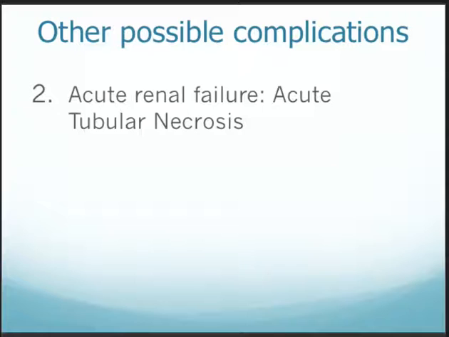Other complications, first is the acute renal failure, acute tubular necrosis. That's seen quite commonly if the woman has lost more than 2 or 2.5 liters of blood, but usually is self-limiting. After a stage of oliguria or anuria, the patient will have polyuria, and the kidneys usually recover without having to revert to dialysis.